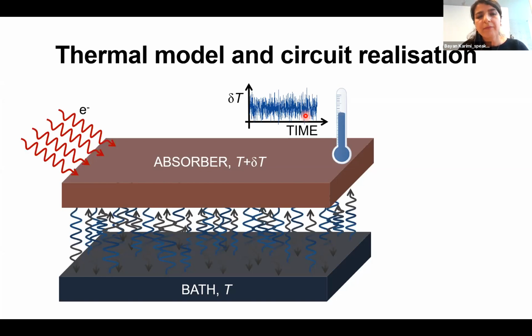Now, if some energy comes into this absorber, we can turn it into the non-equilibrium case, because when it is quiet and nothing happens, it is in equilibrium, and then we can drive it into the non-equilibrium case.